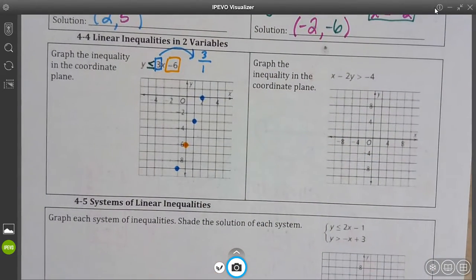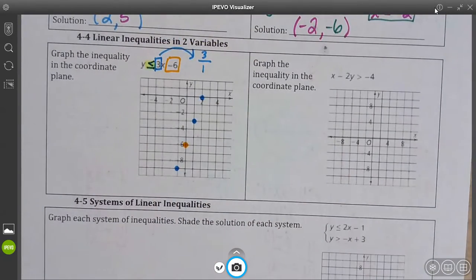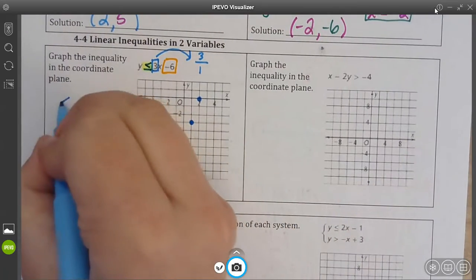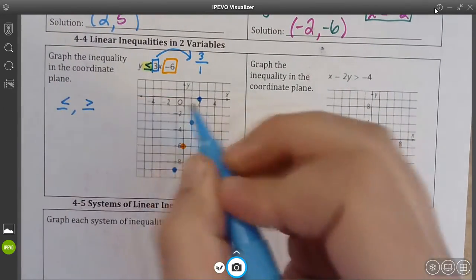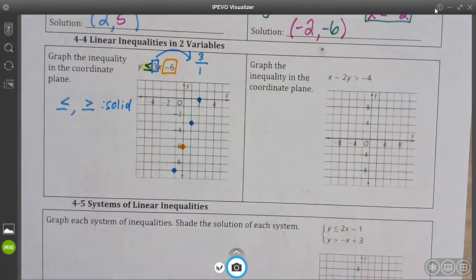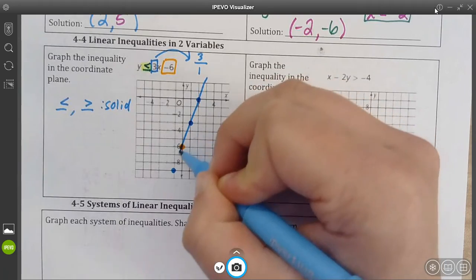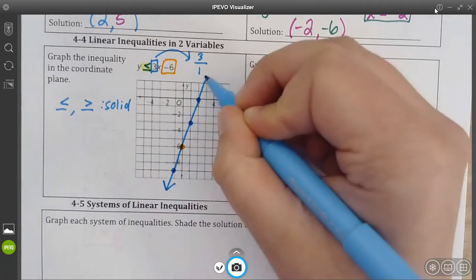And before I draw my line, this is where my inequality sign comes in. If it's less than or equal to or greater than or equal to, it is going to be a solid line. So that's good. I'm just going to connect my dots with a solid line.